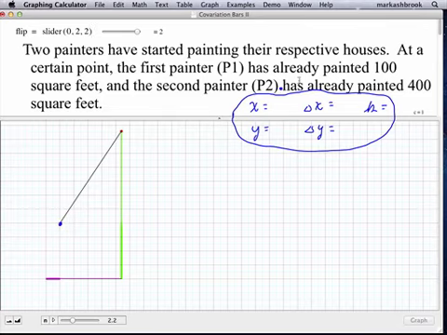What delta x are we really talking about? 0 to 100? No, actually, we're here. So, is it Nathan? What if I'm here, what delta x takes me to 0 square feet painted for painter 1? I'm here at 100. What delta x is going to get me to where I want?